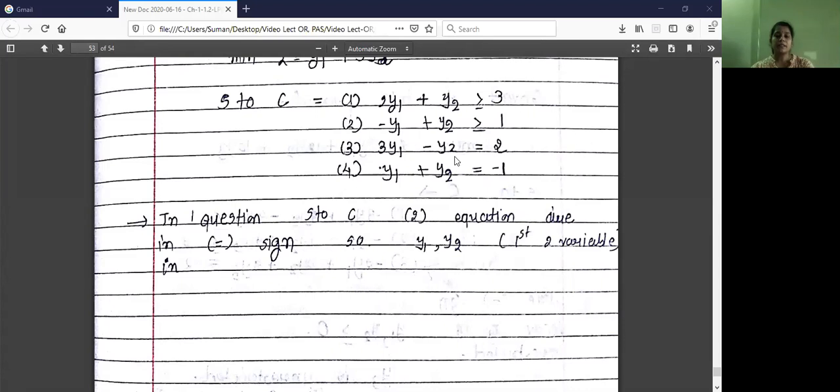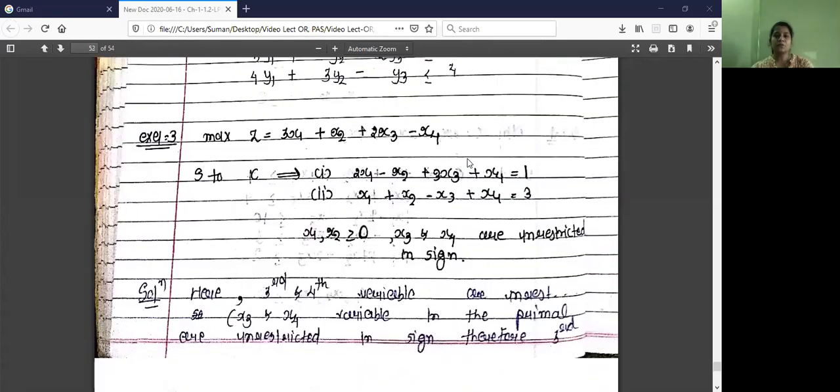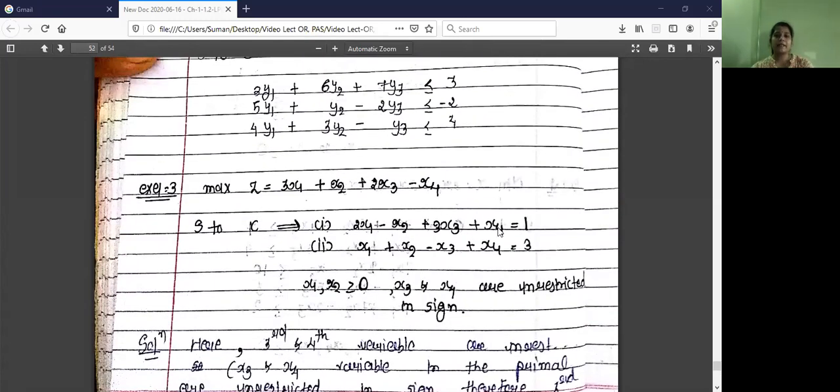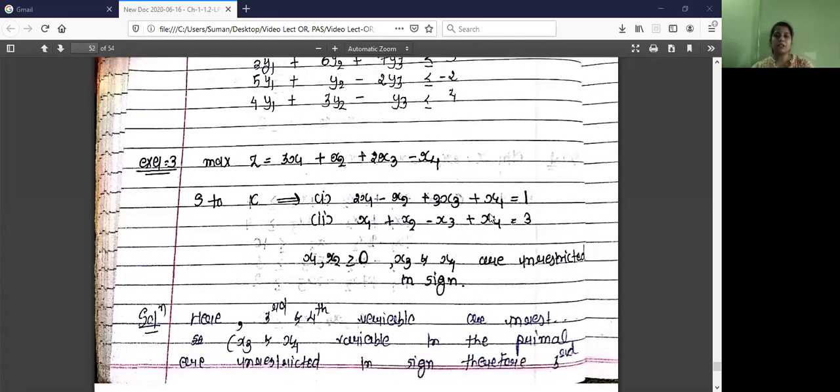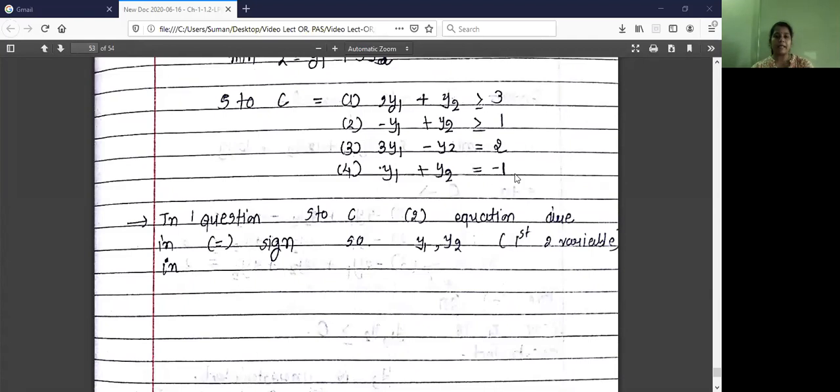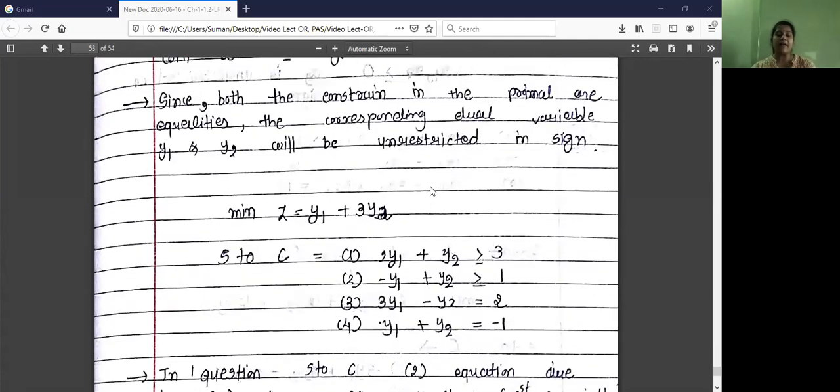So the third constraint equation is 3y1 minus y2 is equal to 2, and the fourth equation is y1 plus y2 is equal to minus 1. And the last step is we write y1, y2 greater than or equal to 0 or unrestricted in sign.